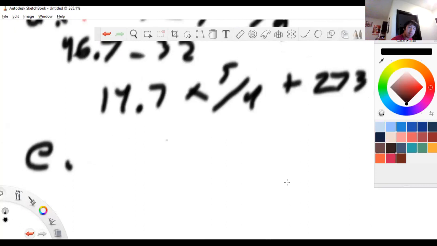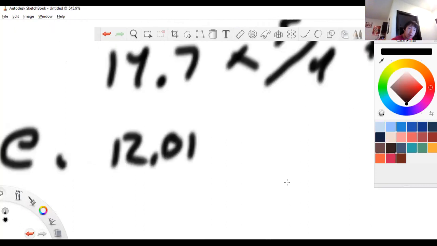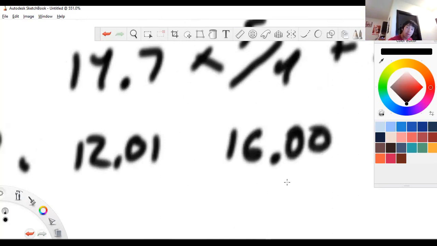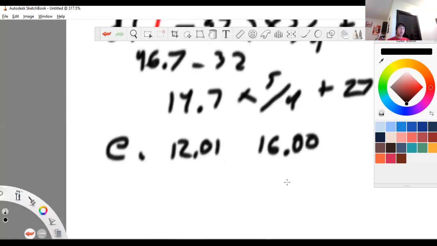So carbon is 12.01. Oxygen is 15.99. Let's keep oxygen 16.00. Then add them together.